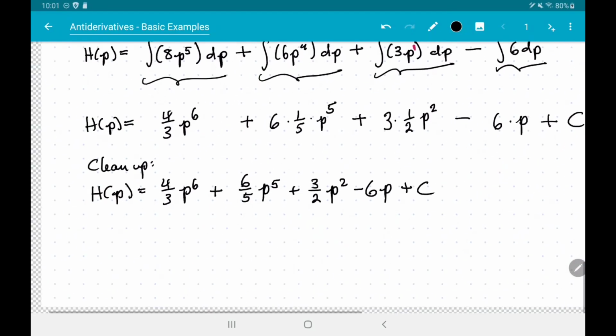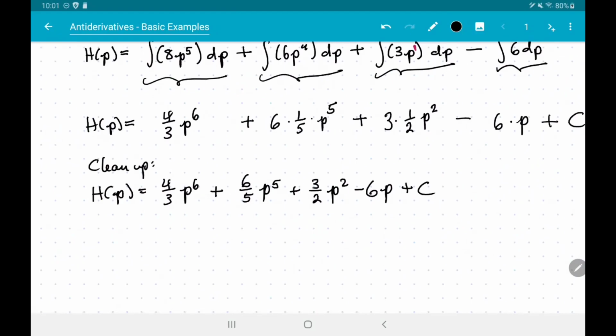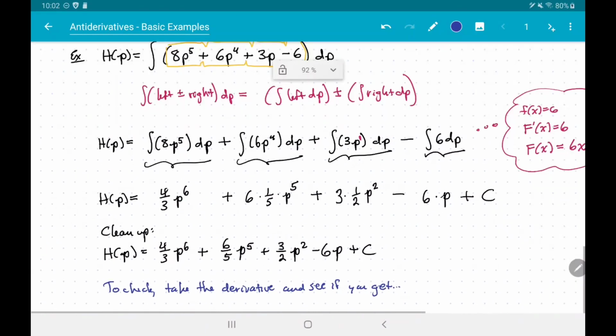Now, if you wanted to check this, how would you do it? Okay, again, to check, take the derivative and see if you get, well, what should you expect to get?